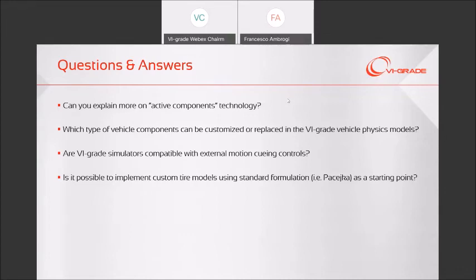Okay, then which type of vehicle components can be customized or replaced in the ViaGrade vehicle physics model? Yes, this is an interesting question. So in general, as we have tried to explain today, the approach that at ViaGrade we have taken with regard to our technology is to keep it as an open environment.